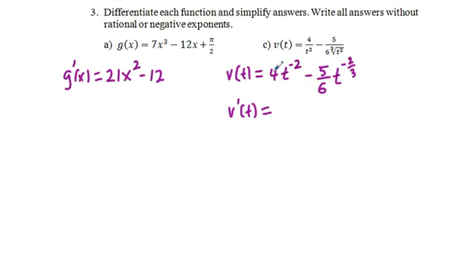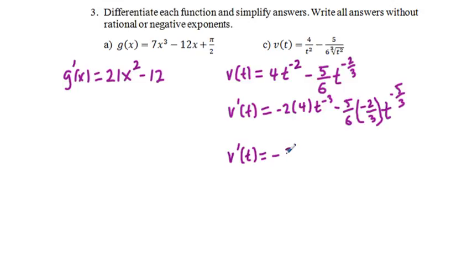So we take negative 2 times 4 t to the negative 3 power, and then we have negative 5/6, and then we're going to multiply this by negative 2/3, and we have t to the, well, negative 2/3 minus 1 is going to be negative 5/3.